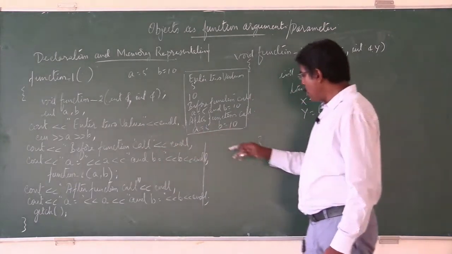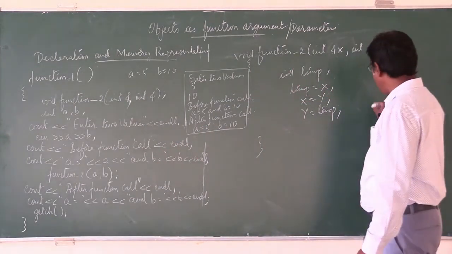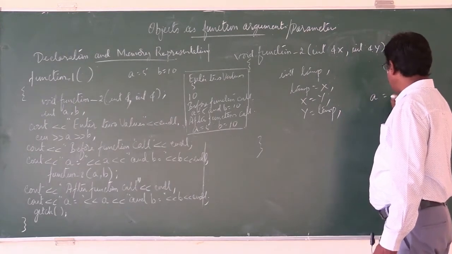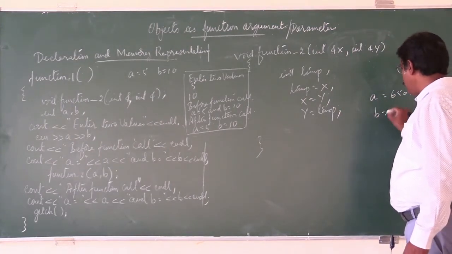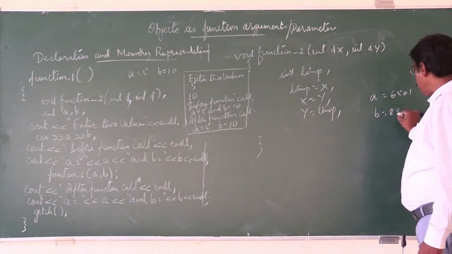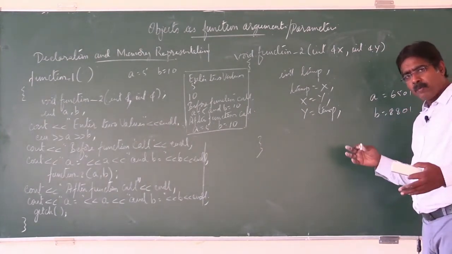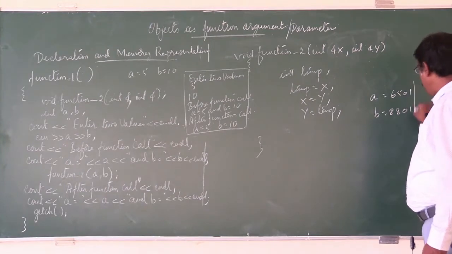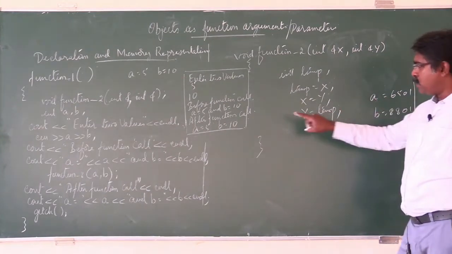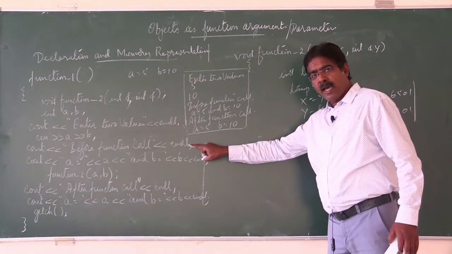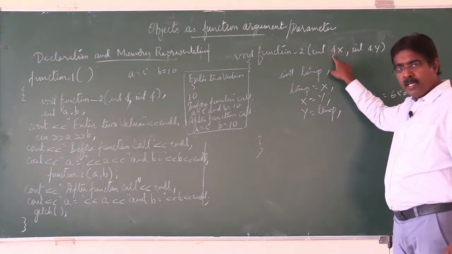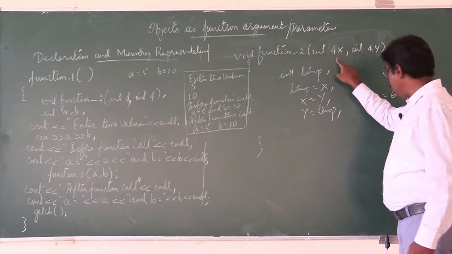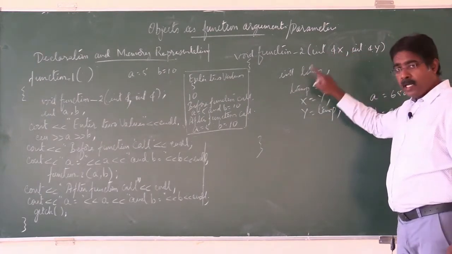So when you look at the address level, if a has got the address 6501 and b has got the address 8801, I have taken an arbitrary value. So when a is taking the actual argument and giving to the formal argument, which is a reference in this place of formal argument, then both share the same address.